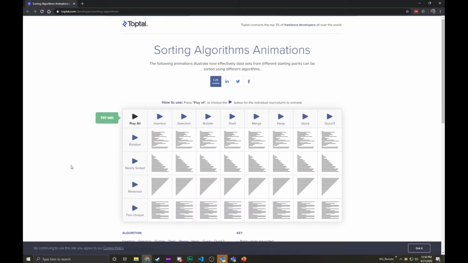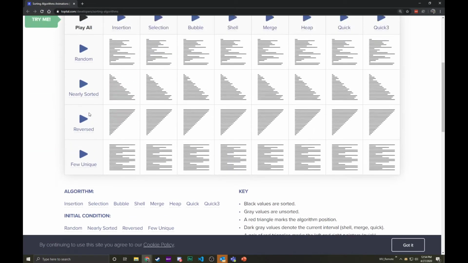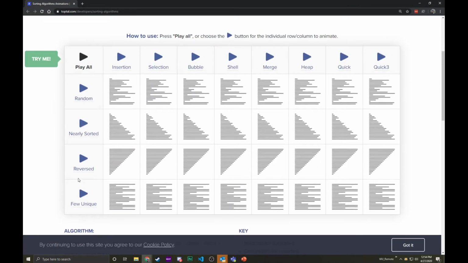So this is the website. Thank you, Zach, for pulling this one up. The cool thing about this site is that it's showing us best case, worst case, and similar types of sets for different sorts.